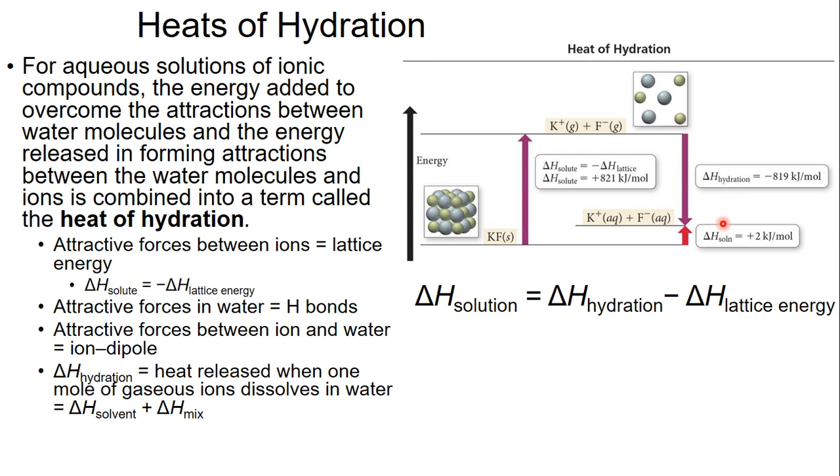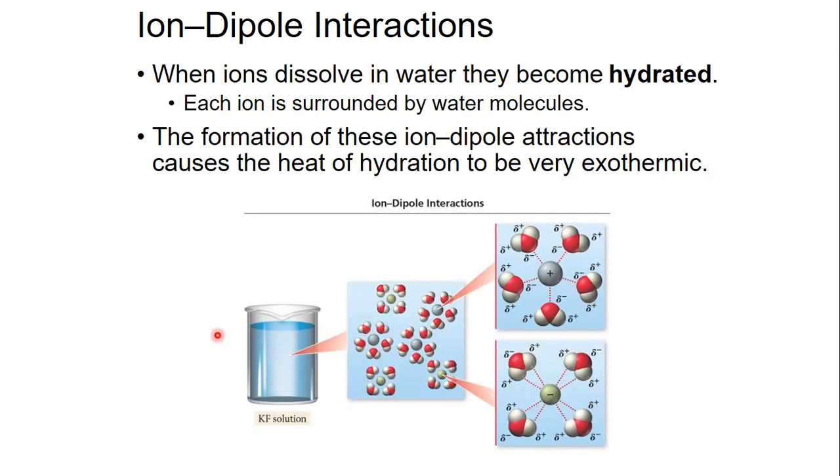And like the previous video, mixing ions and water can be an overall endothermic or exothermic process, and that's called delta H solution. So delta H solution is equal to delta H hydration plus delta H solute, just like in the last video. But since we're working with an ionic compound, we can also say that's negative delta H lattice energy.